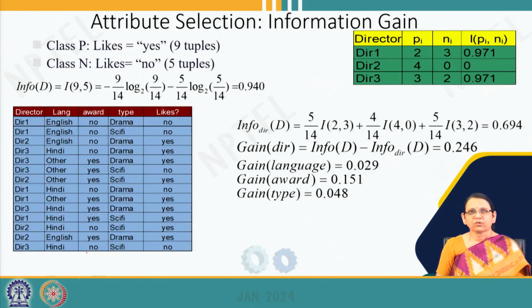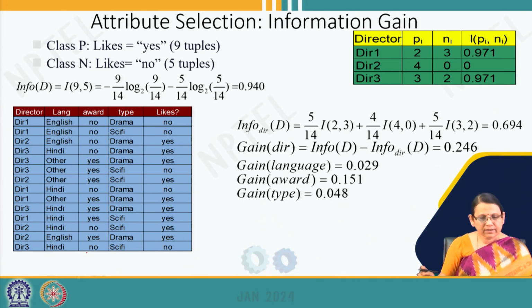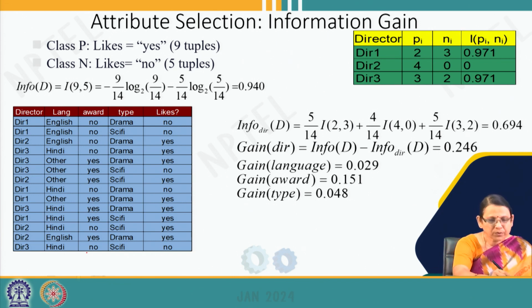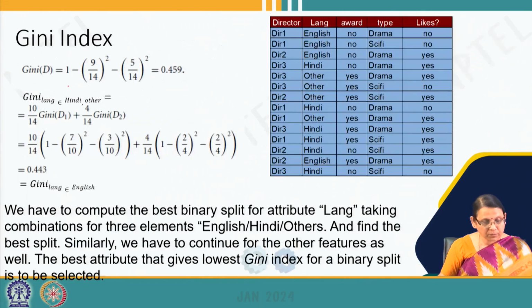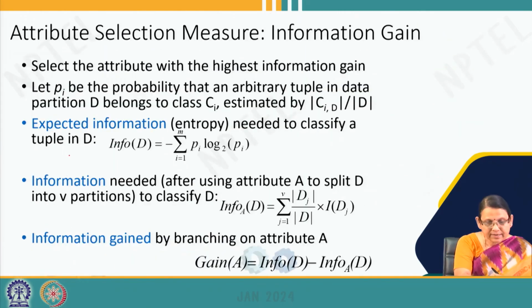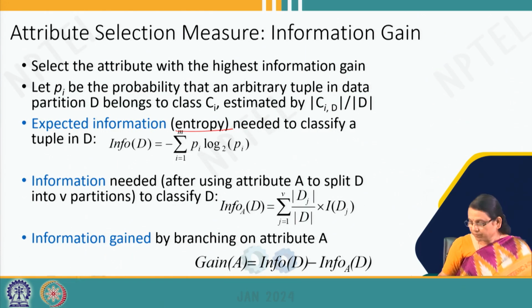Okay. So, now coming to this particular decision tree, we have already discussed how to compute this information gain and how to compute this information needed based on this entropy.